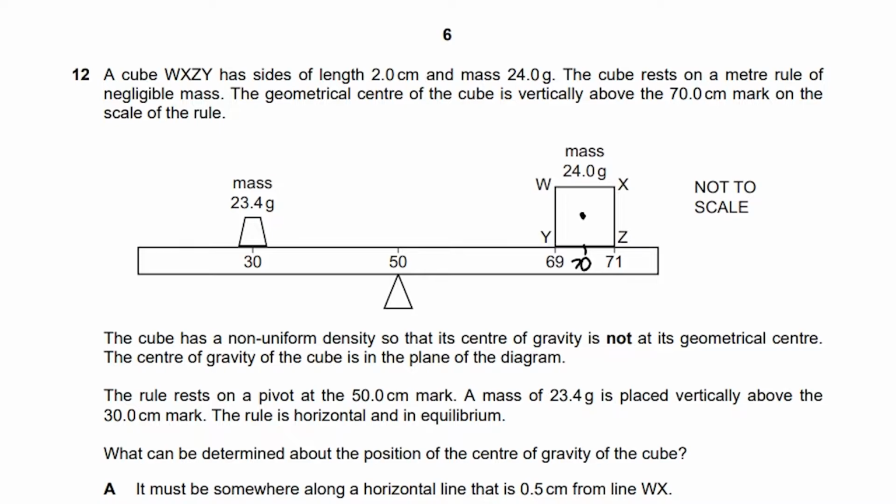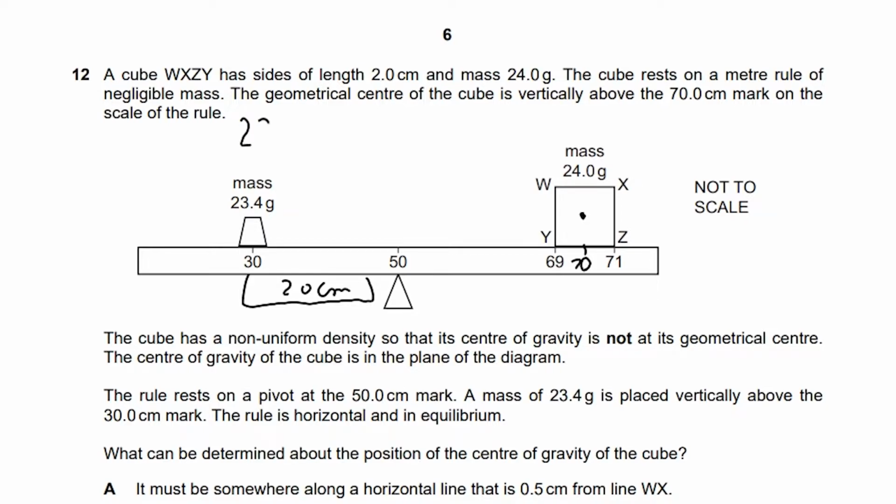And these two objects are balanced. This is vertically above 30 centimeter, so the distance is 20 centimeter, and the mass is 23.4 gram. Since the rule is in equilibrium, the moment because of this cube is equal to the moment because of the mass. The anti-clockwise and clockwise moments are equal, the turning effects are equal.